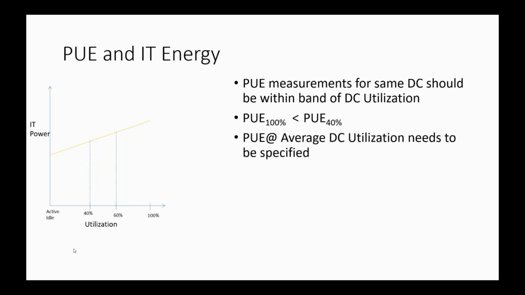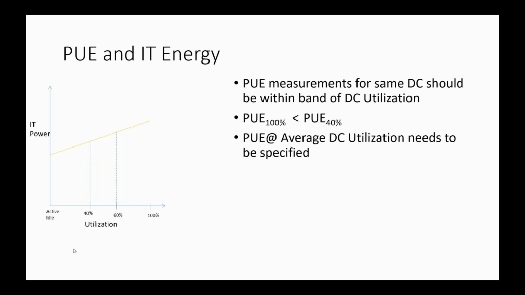But when it comes to reporting PUE, as I showed in the previous slide, you don't know if they're reporting PUE at 100% or at 40% utilization, and it makes a huge difference to what you do with the number.